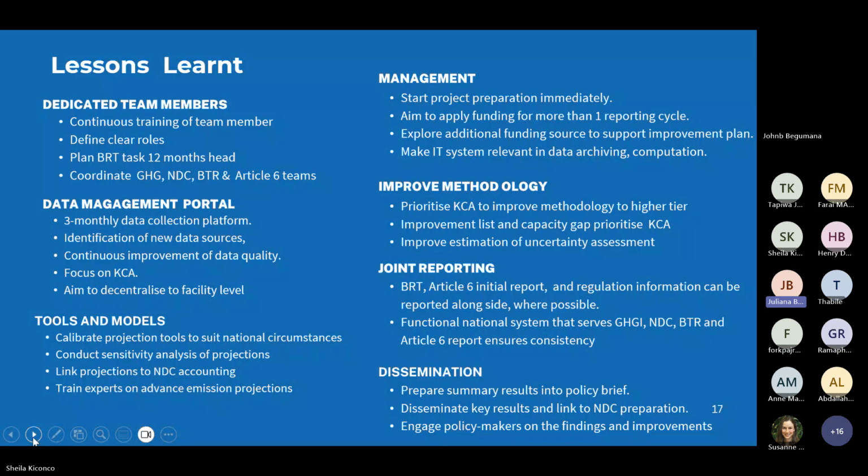So some lessons that we've learned so far, we realized that in being able to come up with a very well-detailed report and being able to meet the MPGs, you should be able to have a dedicated team. That is why I must say that the GCAP is very much important to us, because it comes up with how we need to, as a country, do our skills development.